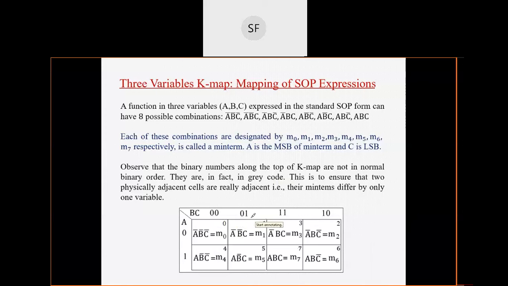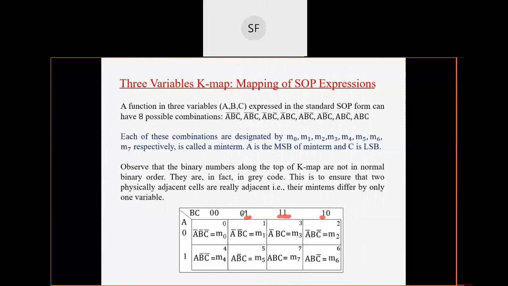Again, between 0 1 and 1 1, the 1 is constant and the first bit is changing. Again, between 1 1 and 1 0, the first bit is constant and the second is changing. So after each cell, only one bit is varying. That means only one variable will vary between adjacent cells.